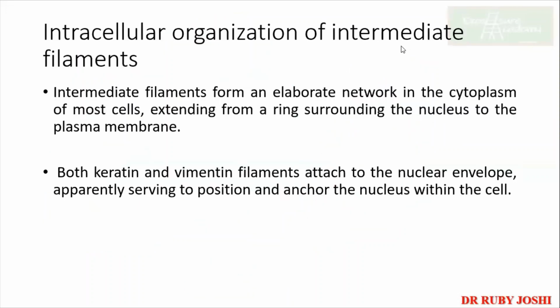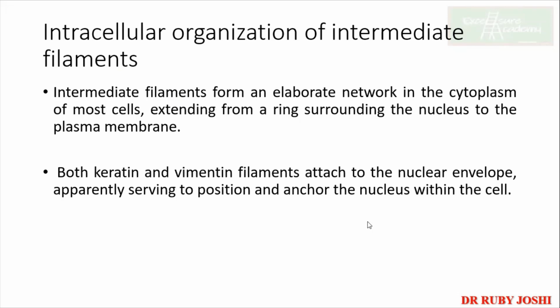Now, intracellular organization of the intermediate filaments, like where exactly they are present, is the question. So they form an elaborate network in the cytoplasm of most cells, extending from a ring surrounding the nucleus to the plasma membrane. So again, they are present in the cytoplasm. Okay. Now both keratin and vimentin filaments are attached to the nuclear envelope, apparently serving to position and anchor the nucleus within the cell.